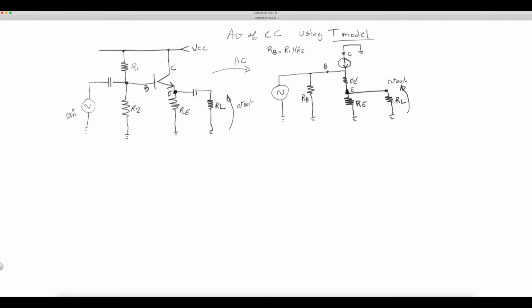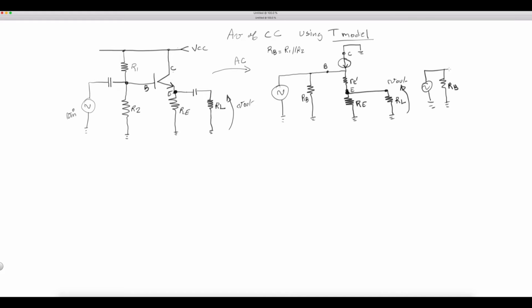Now, if this was the pi model, remember, then it would look something like this. So let's do that quickly. So as a review, this is the voltage source here. Hang on a second, let me do it again. So this is the voltage source, okay? Ground. We will still get RB, okay?